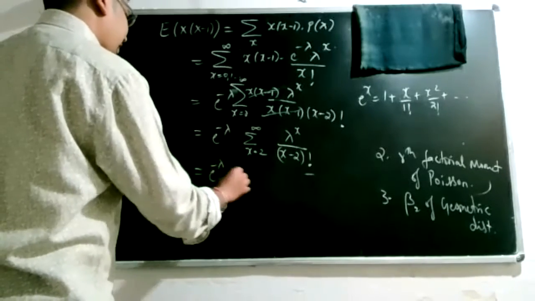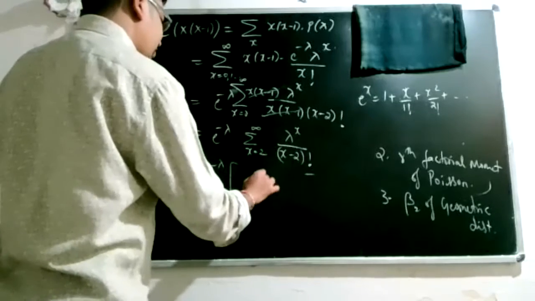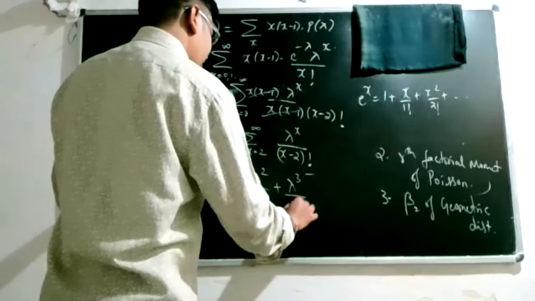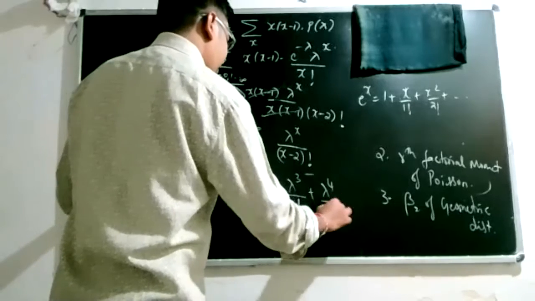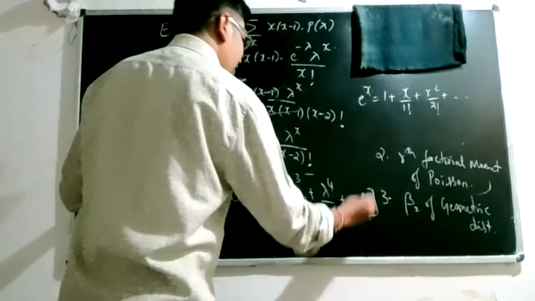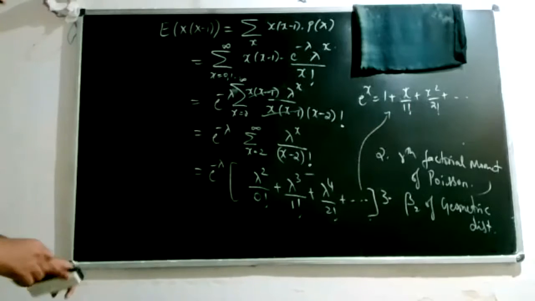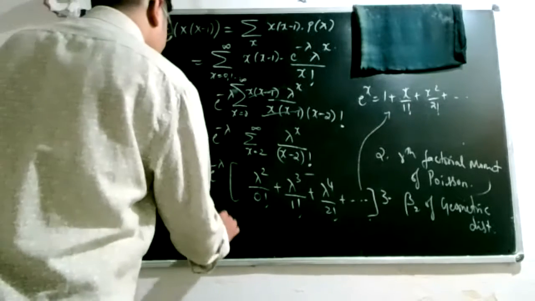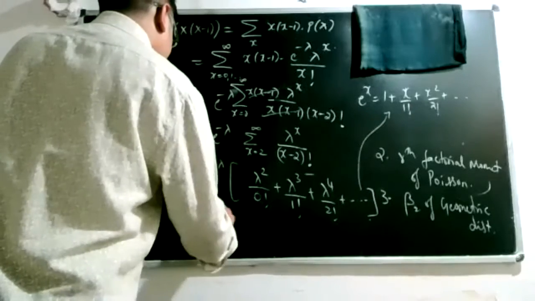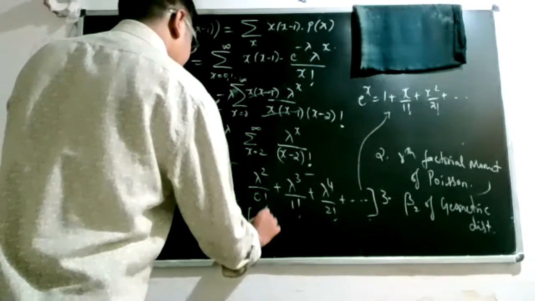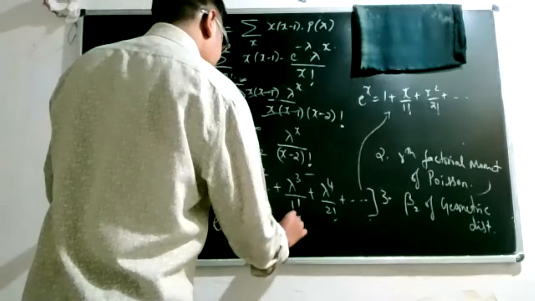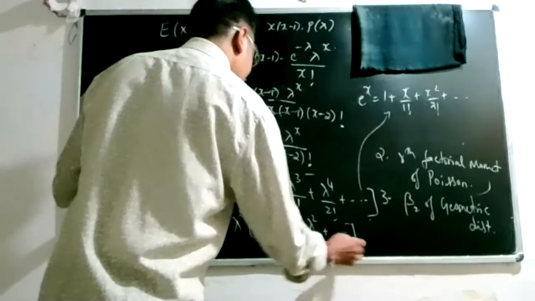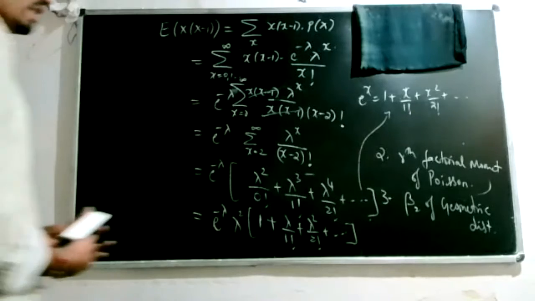So we have e power minus lambda. Now when you put x equals 2, you'll get lambda square by 0 factorial, lambda cube by 1 factorial, lambda power 4 by 2 factorial and so on. I have lambda square in excess in every term, so take that lambda square outside. We'll have now 1 plus lambda by 1 factorial, lambda square by 2 factorial, and so on, which becomes e power lambda.